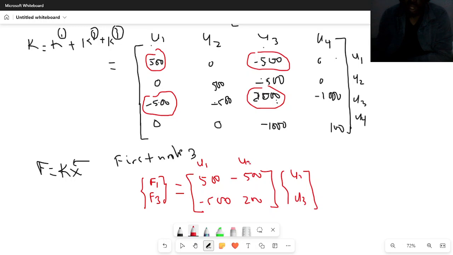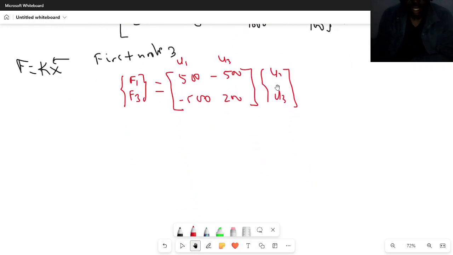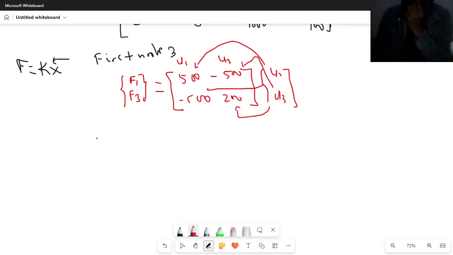Now we do our multiplication, straightforward, nothing much to think. Remember the procedure, it is u1 times this and then u3 times this. Same applies here, u1 times this and then u3 times this. So what will we have? F1 is equal to 500 u1 minus 500 u3.